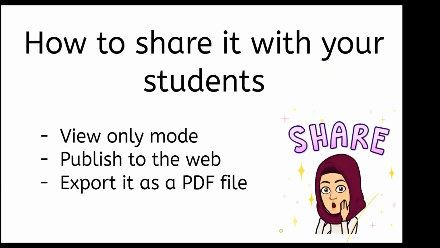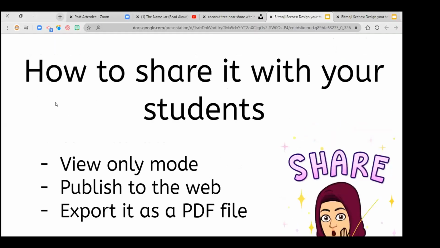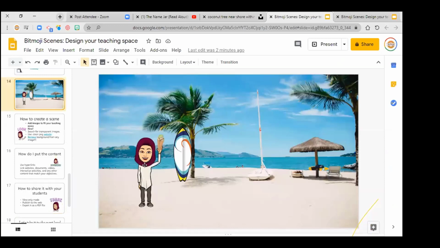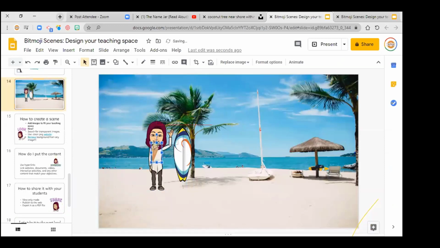Okay, so how do you share this? If we're talking about Google Slides and you don't want your students to play around with your images, because if you give it to them in editing mode, they can play around with it and do whatever they want with it and move it.